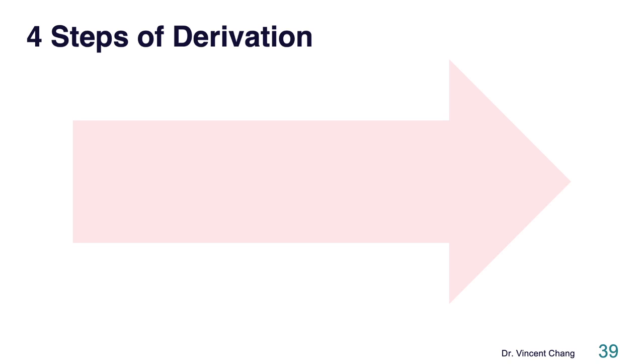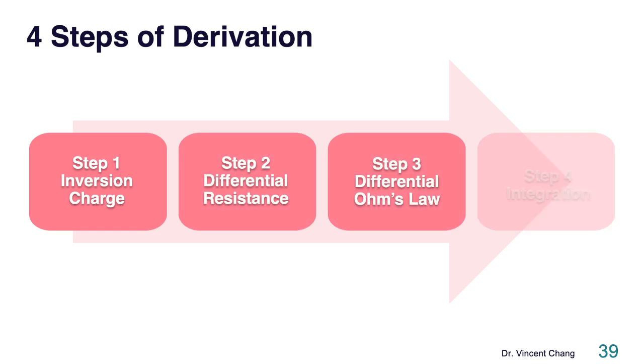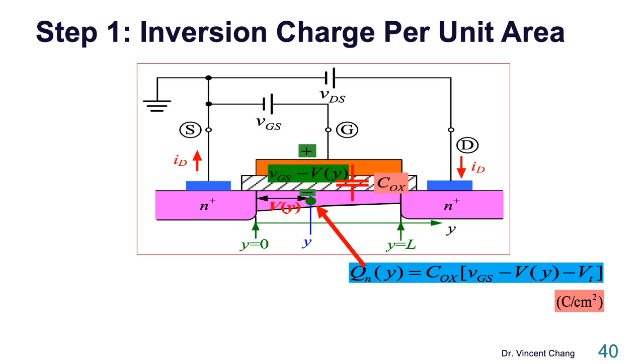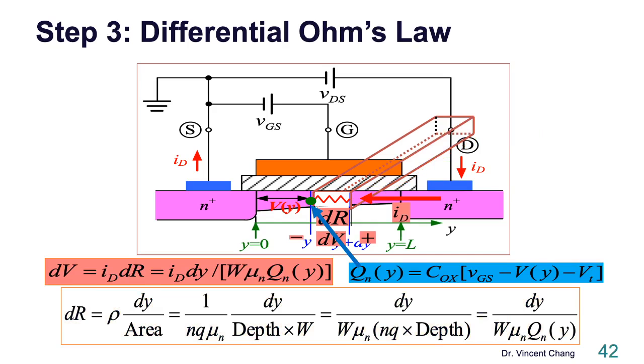So now, to sum up, 4 steps of derivation. Inversion charge, differential resistance, differential Ohm's law, integration. Step 1, inversion charge per unit area, similar to what you learn from physics, Q equals CV, but you have to include the concept of threshold voltage. Step 2, differential resistance. Number 3, differential Ohm's law.